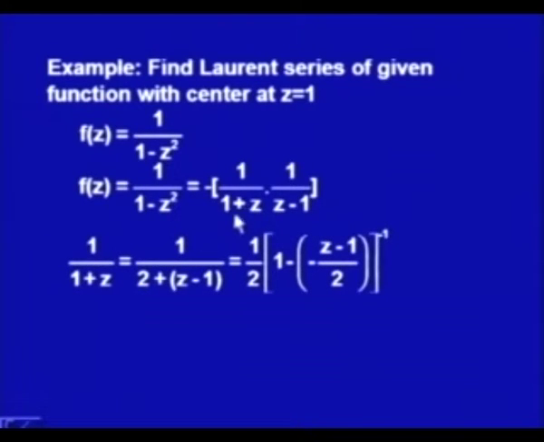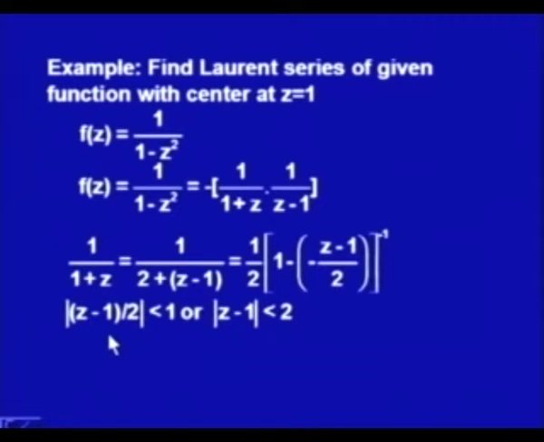Now, this is already in powers of z minus 1. So, if we express 1 upon 1 plus z in powers of z minus 1, then we are through. To express this in powers of z minus 1, we rewrite 1 upon 1 plus z as 1 divided by 2 plus z minus 1, and then 2 can be taken out and we will have 1 plus z minus 1 divided by 2 raised to power minus 1.